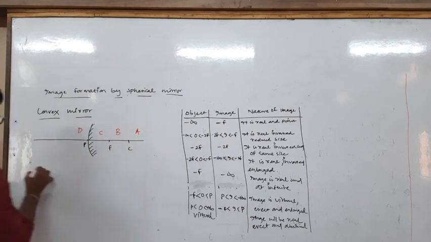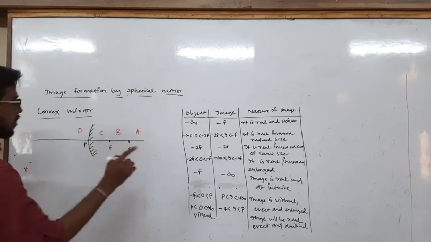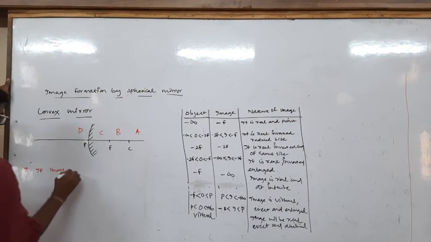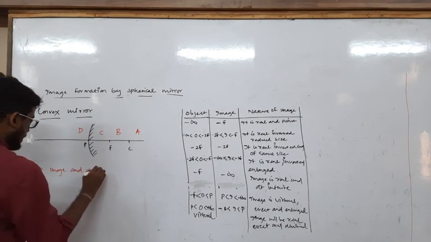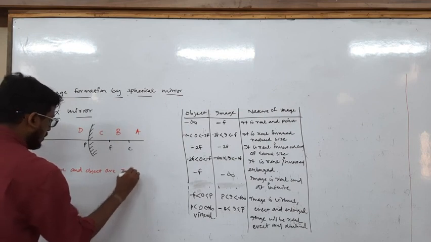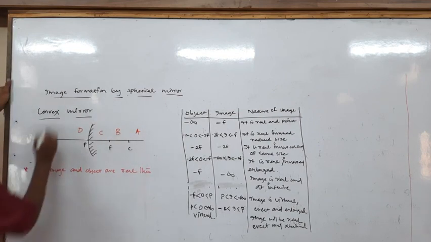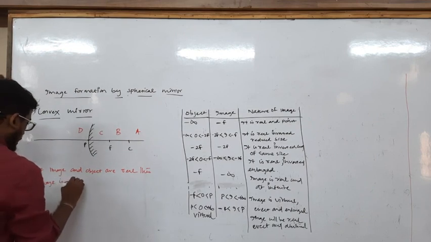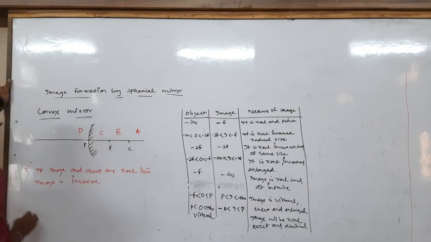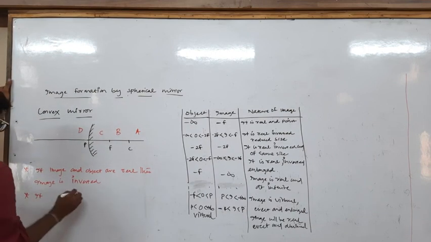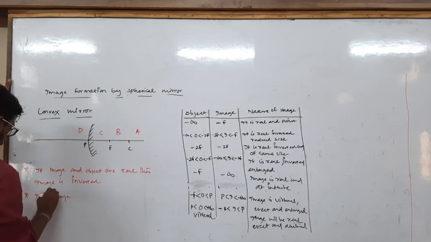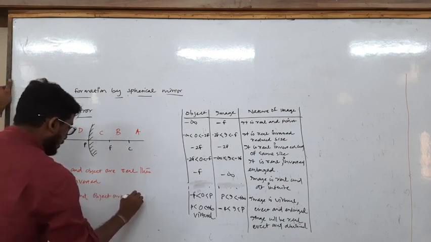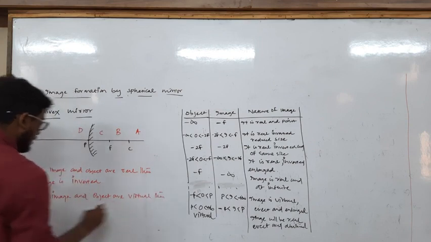So you have to remember when the image is real or virtual. If image and object are both real, then the image is inverted. If both are virtual, then the image is inverted.